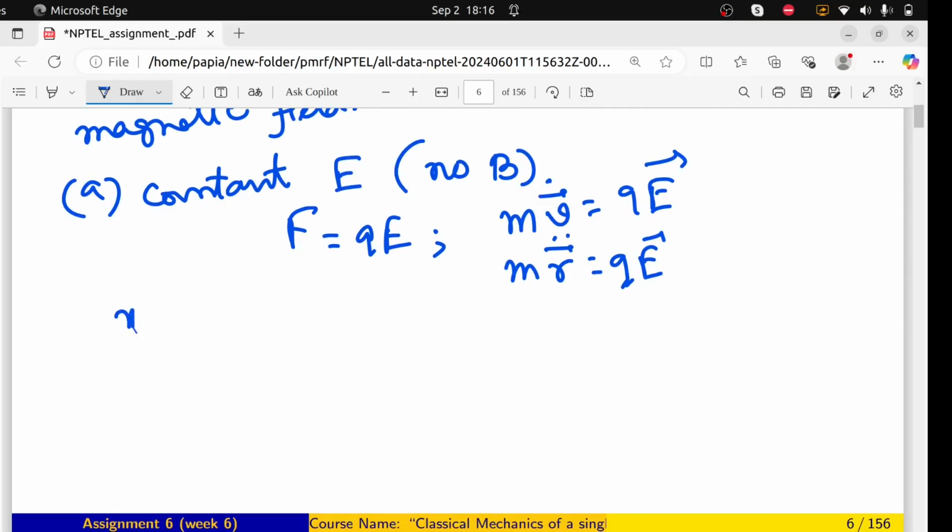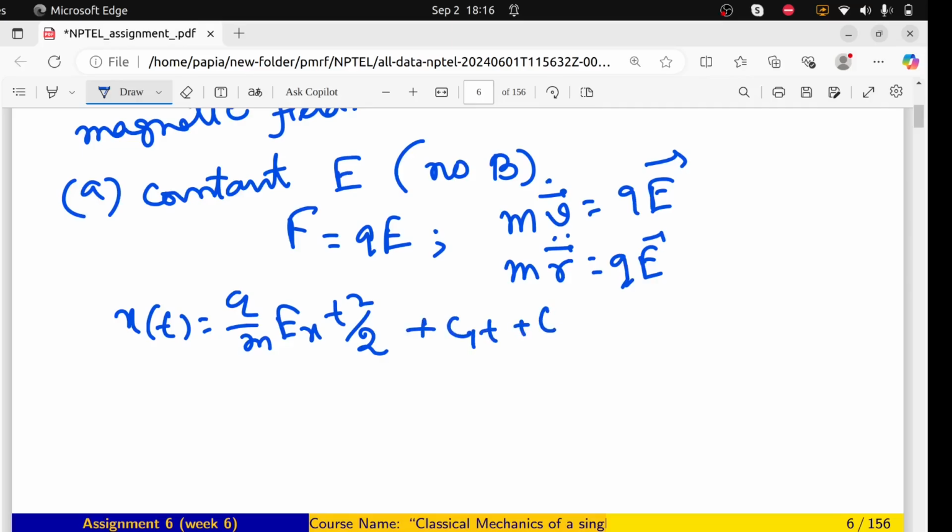The solution is Q by m E_x t square by 2, if we are taking E along the x-axis, then plus C1 t plus C2. So this type of solution is there.